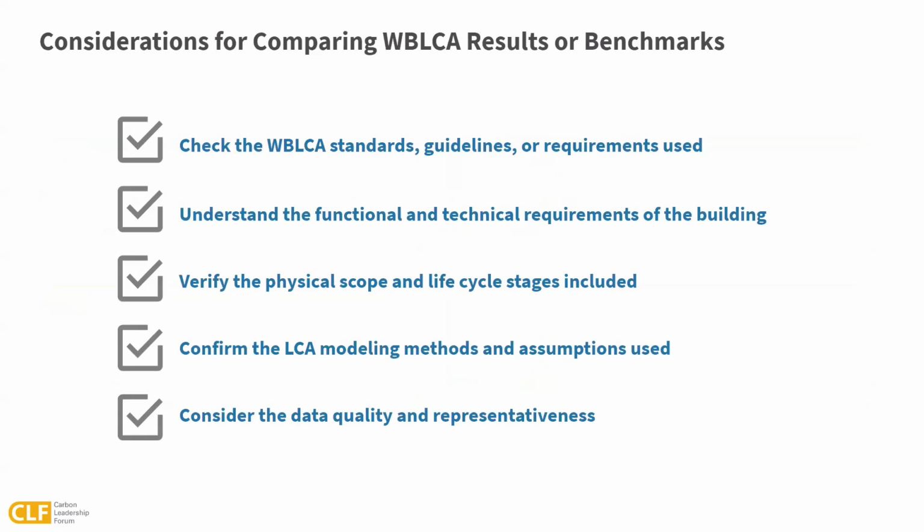A simple checklist might include seeing which standards were used, if any, understanding the type of buildings being analyzed, verifying the scope of what is included, confirming other modeling methods that we've reviewed in the first section here, and having a basic understanding of what tools or data sources were used. All of these will help you make better sense of whole building LCA results and enable more meaningful decision making.